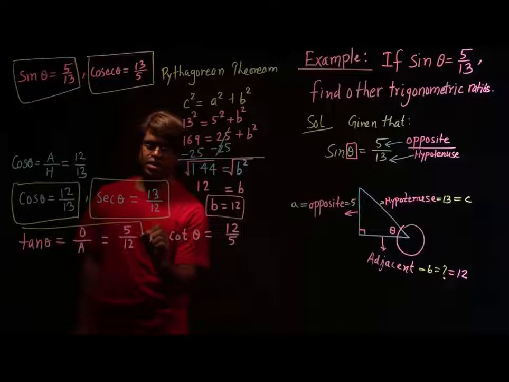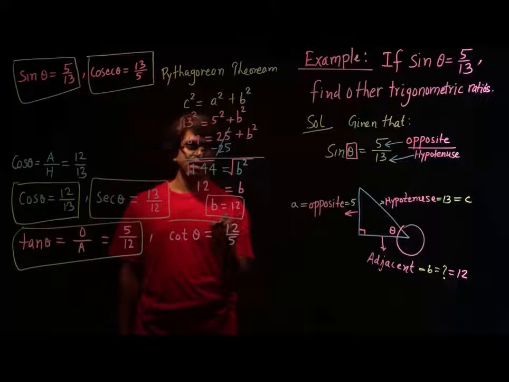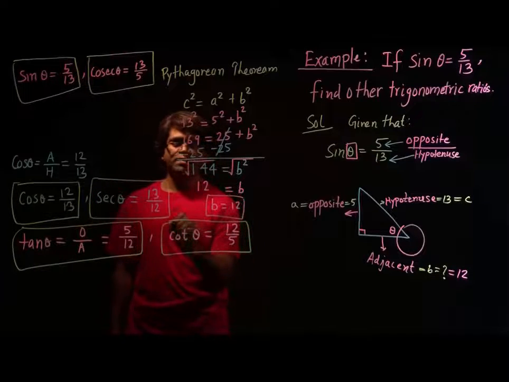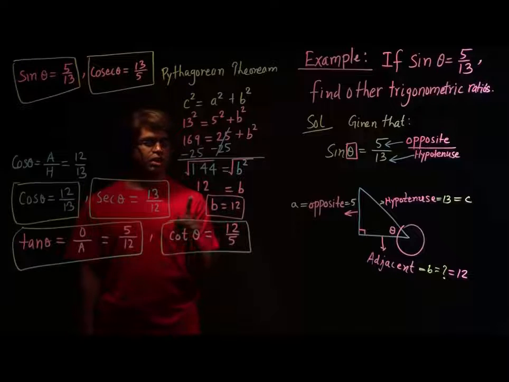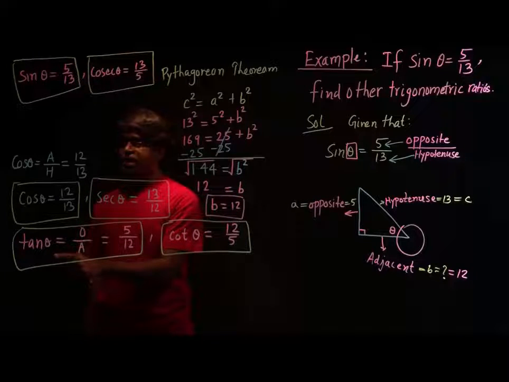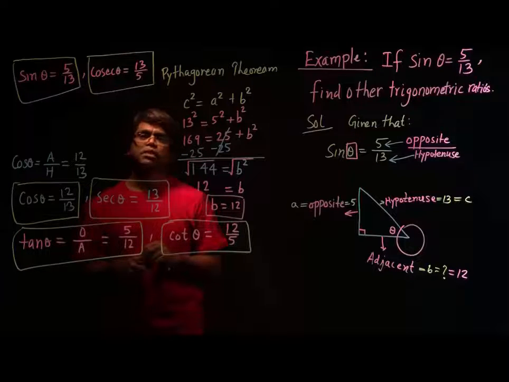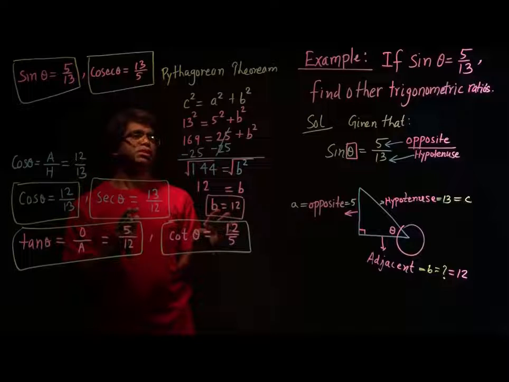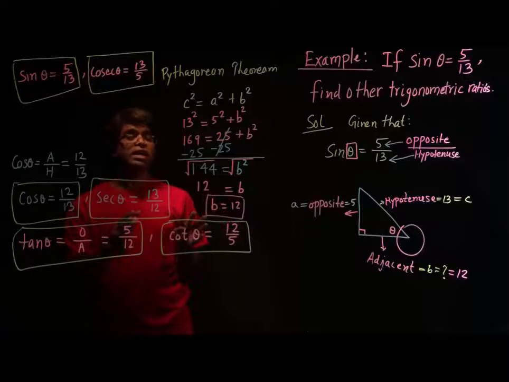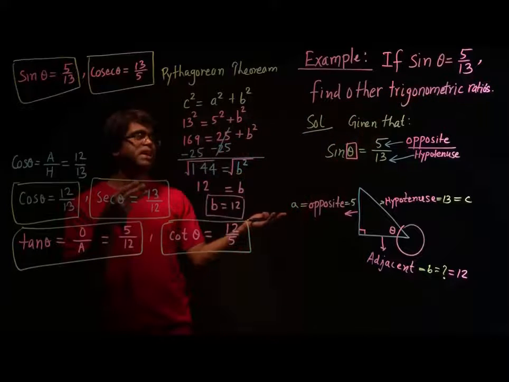My tangent is 5/12 and my cotangent is 12/5, because tangent and cotangent are reciprocals of each other. So I have all 6 trigonometric ratios, and the only thing given was one ratio, sine.